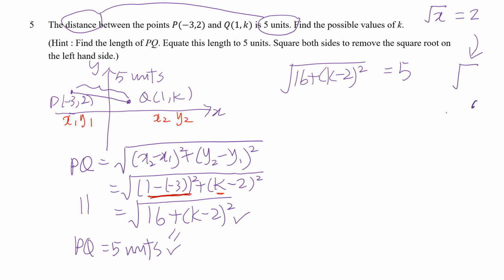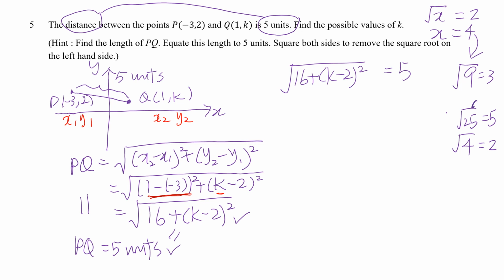Is it square root 9? Is it square root 25? What should it be? Yes, it's square root 4. Square root 4 will give me 2. So the value for x will be 4.